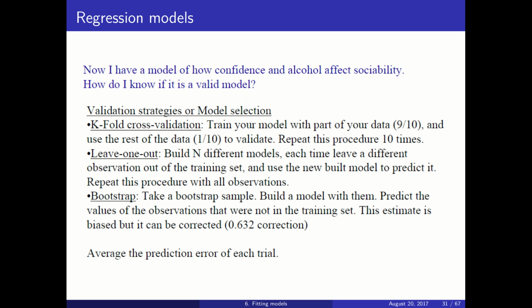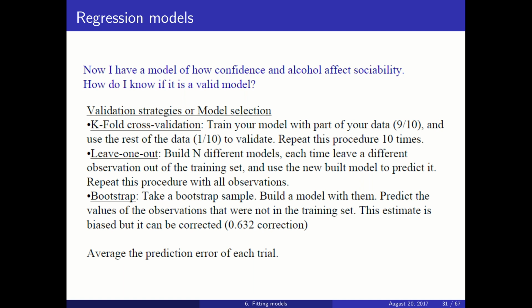We could, for instance, leave 10% of the data out, do the regression with the remaining 90%, and then see whether this regression explains well the 10% of data that was not used for the construction of the regression. And we repeat this process 10 times, so every time we leave a different 10% of the data out.